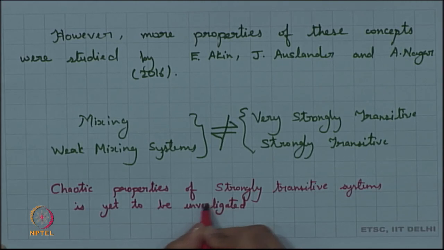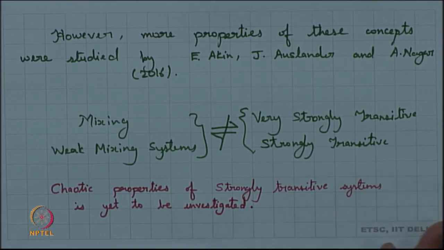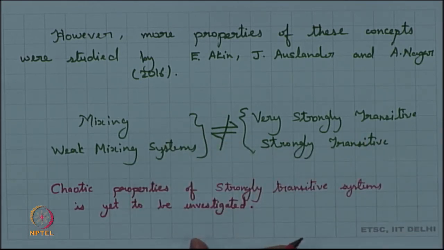Yes, this is the spring of 2017 and these properties are yet to be investigated. But there are some more interesting properties of strongly transitive systems. That is what we shall see in the subsequent lecture. So, I stop this lecture here.